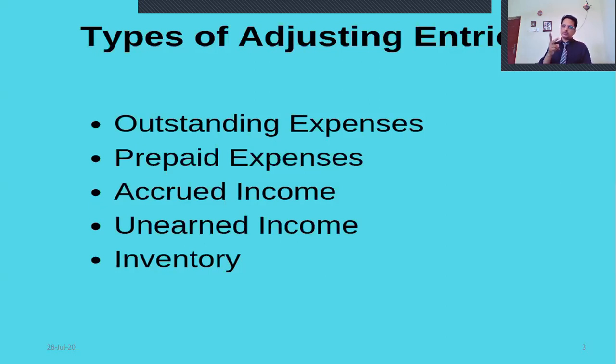There will be two entries for this. When you are buying supplies for this year, and from the total supplies some expense you are charging to supplies expense. First, supplies you are buying: debit office supplies and credit cash, as cash is going out. If it is a credit purchase, the suppliers account, accounts payable, will be credited.